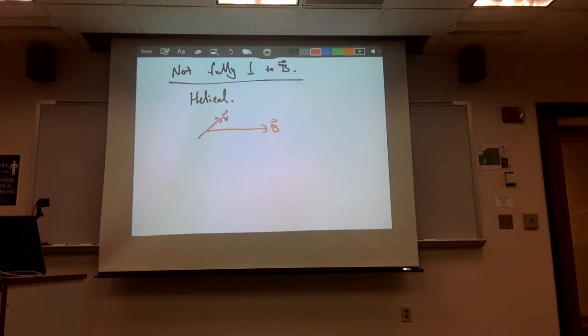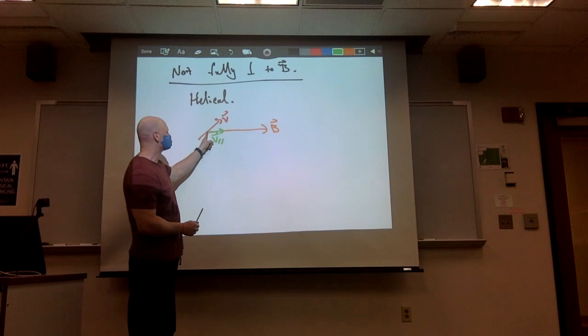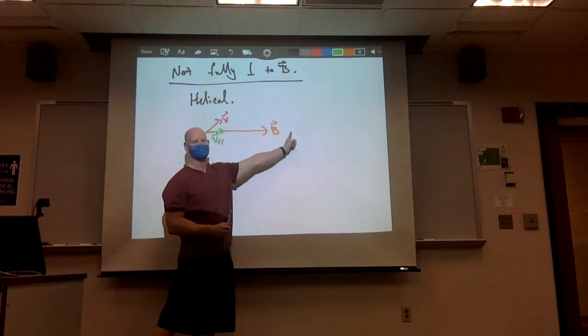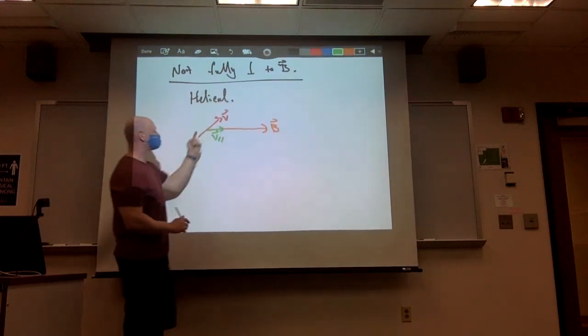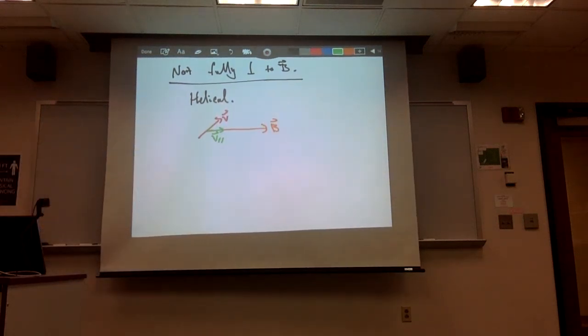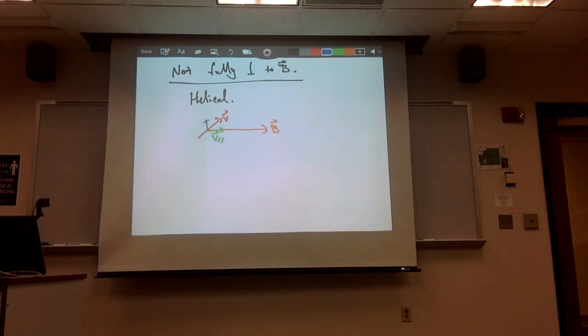So what happens in this case is that the parallel piece of the velocity would only cause a drift. The parallel piece of the velocity would only cause it to keep moving in this direction. That's it. The perpendicular piece of the velocity, drawn in blue, would cause it to actually move in a circle.